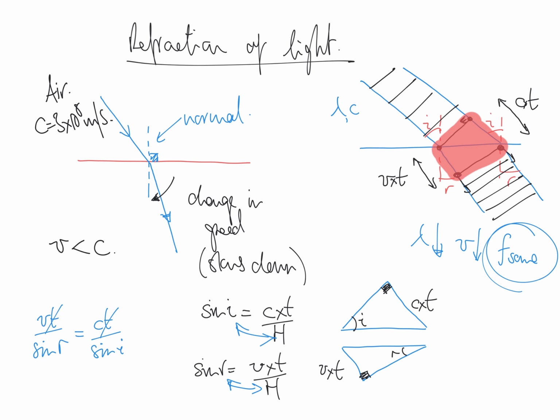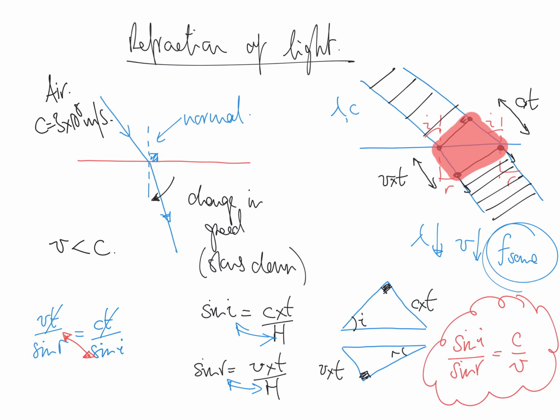The t's obviously cancel, and that leaves me with a general expression, and I'm going to move this up to there, swap those two round, which gives me, I'm going to write it somewhere in a bubble over here, sine i over sine r is the same as c over v.